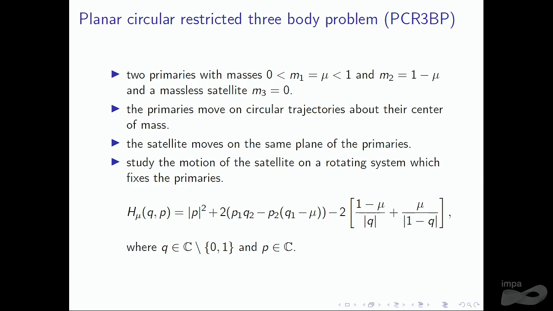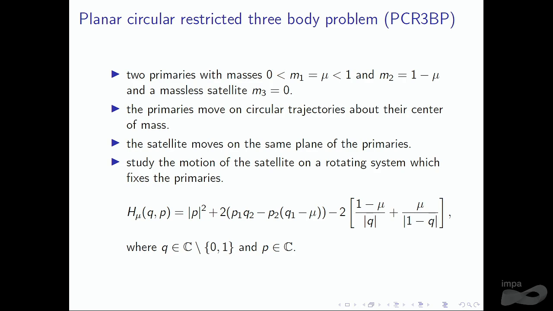So this Hamiltonian has this form. It has the kinetic part here. It has this magnetic term that we see here due to the rotating system. It's sometimes called the Coriolis force that combines position Q on the plane and momentum P.